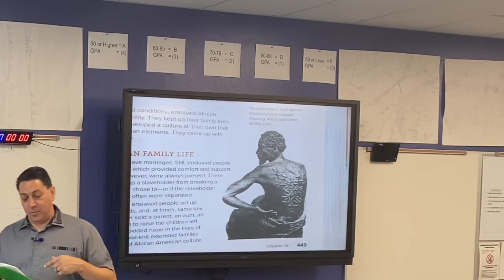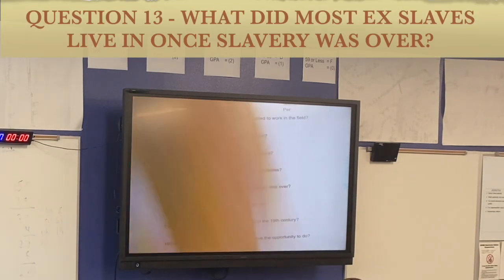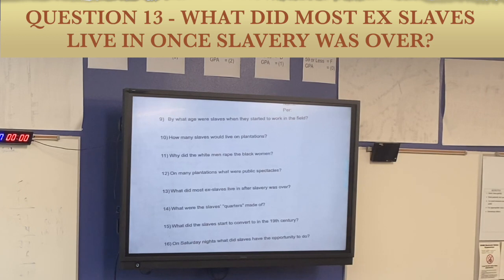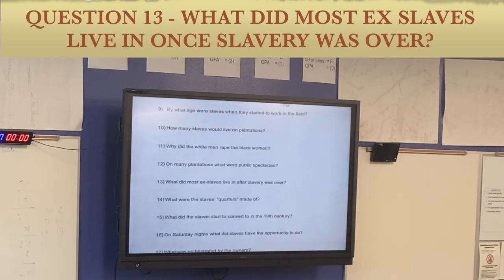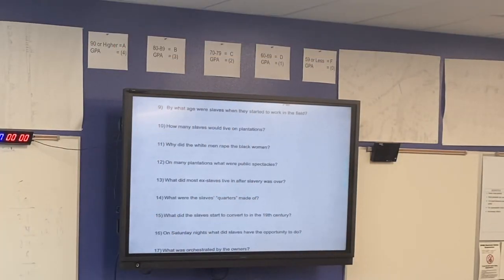Number 13, what did most ex-slaves live in after slavery was over? Does anybody have an answer for us on that one? Number 13, going once. Ian, you're racking up 3 points. Ian, I'm going to give you extra credit points, but I want you to choose a person or a number.